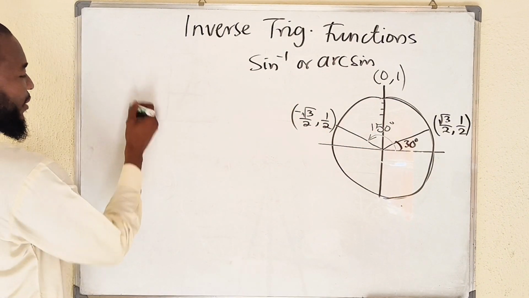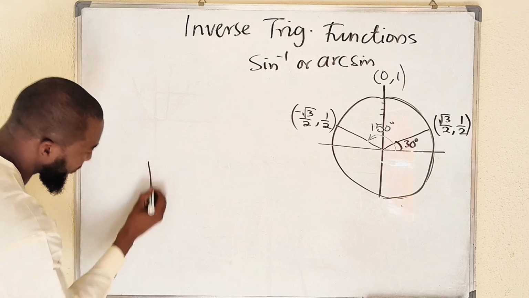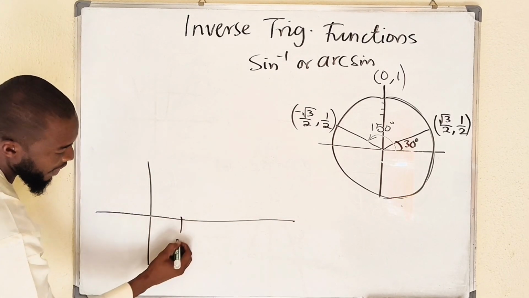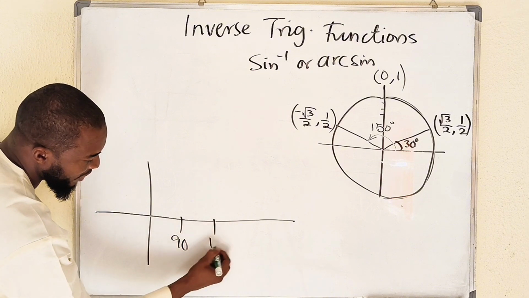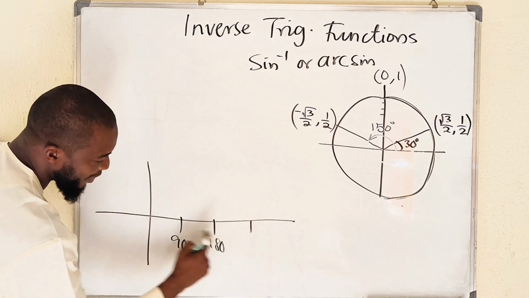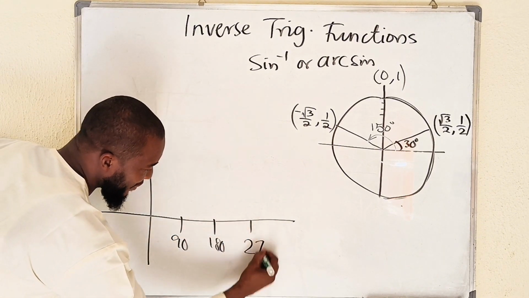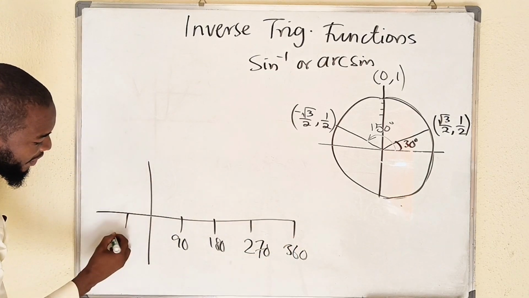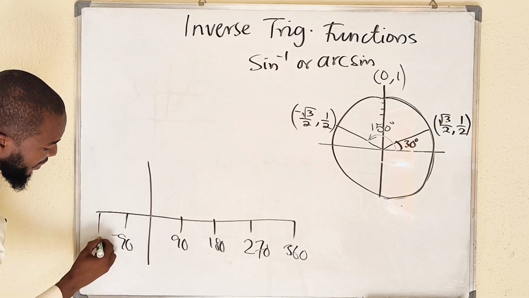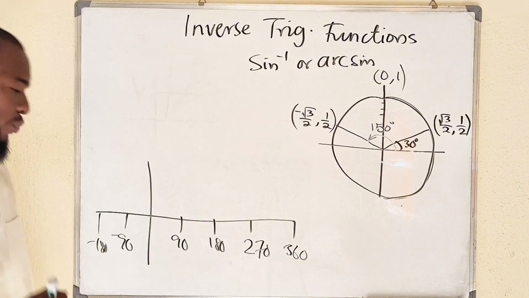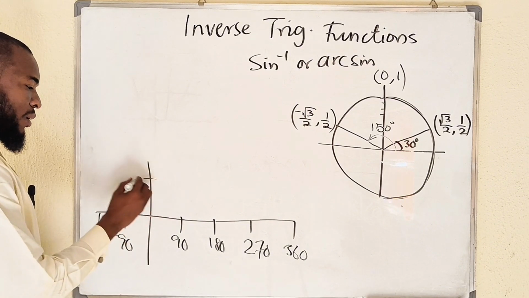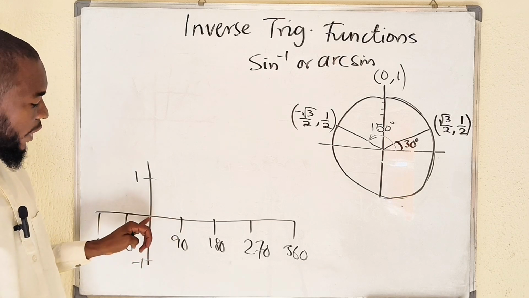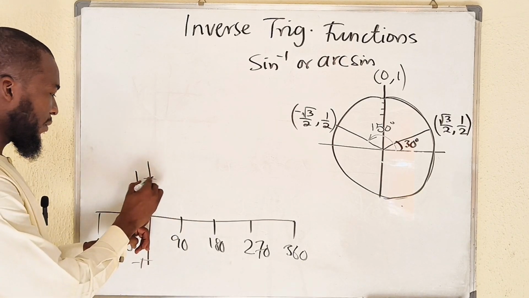So for cosine, let me draw cosine. 90 degrees, 180 degrees. Forget about the degrees. We have 270, 360. We have negative 90. We have negative 180. Let me stop here. 1 to negative 1. Cosine of 0 is 1.